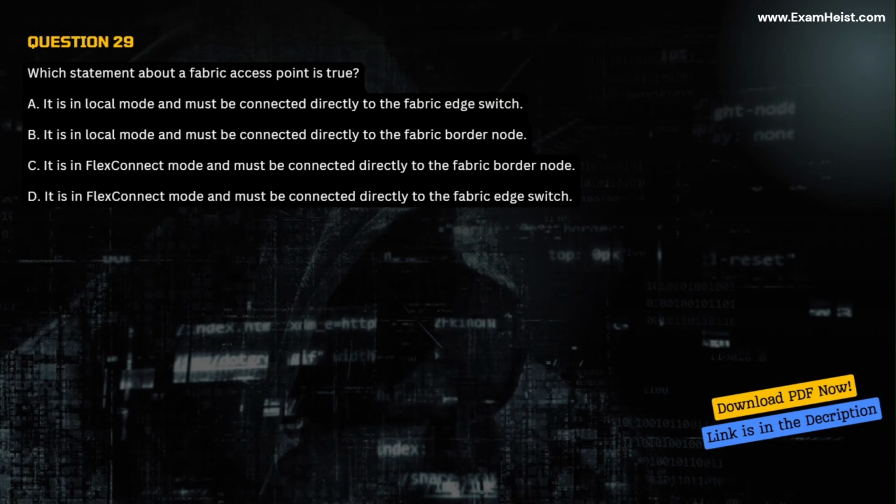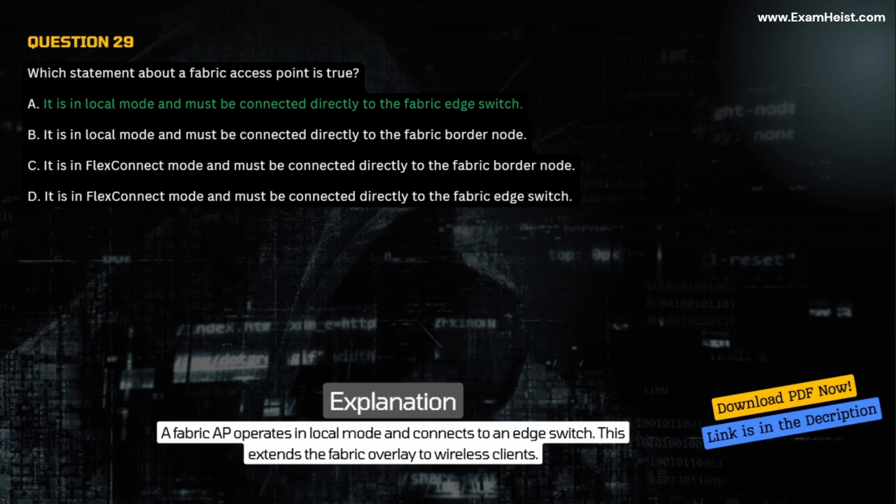D. It is in FlexConnect mode and must be connected directly to the fabric edge switch. Correct answer A. It is in local mode and must be connected directly to the fabric edge switch. Explanation. A fabric AP operates in local mode and connects to an edge switch. This extends the fabric overlay to wireless clients.